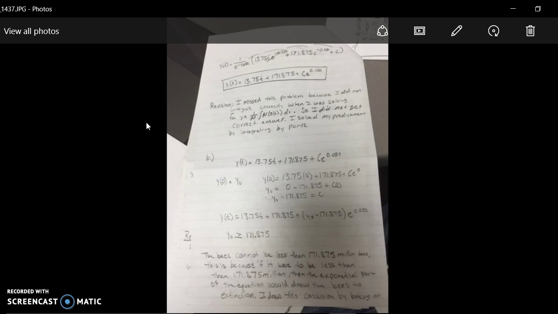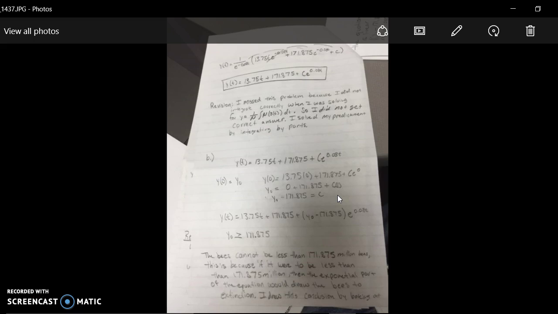So the way I tackled this question was, we have our solution, which is boxed above, and I rewrote it on the bottom. I asked myself, how am I going to find my initial population? Well, time 0 is our initial population, without any growth, any death, or anything at all. So I can plug in 0 for time.